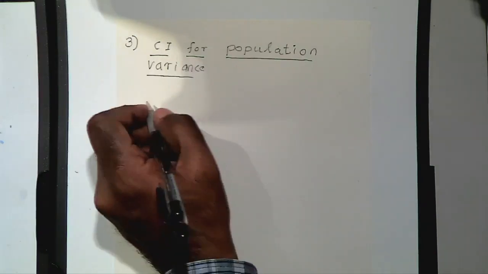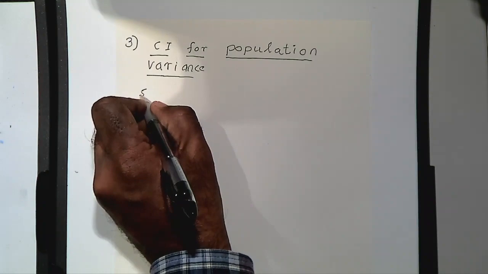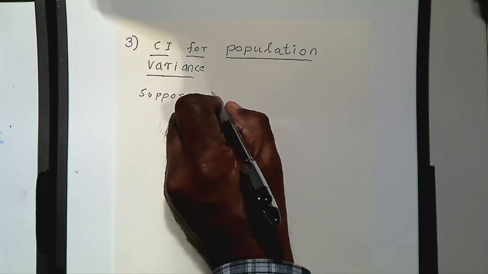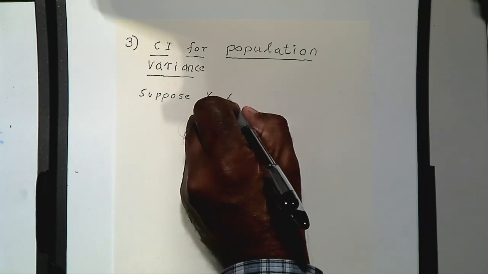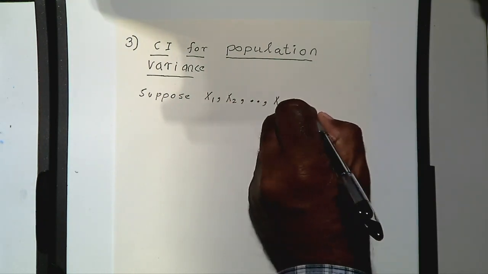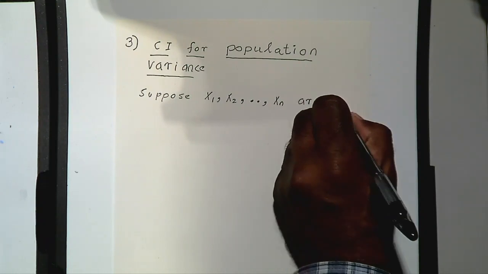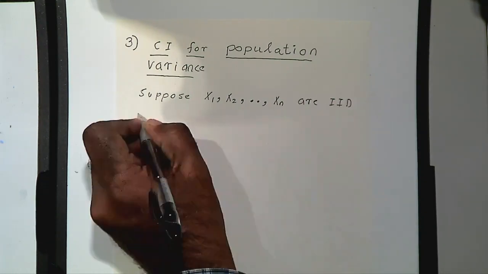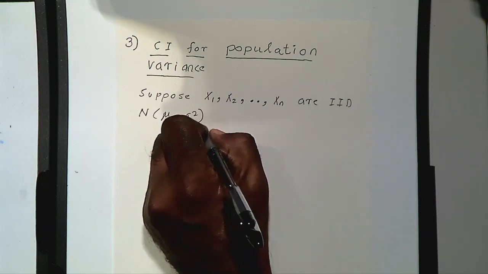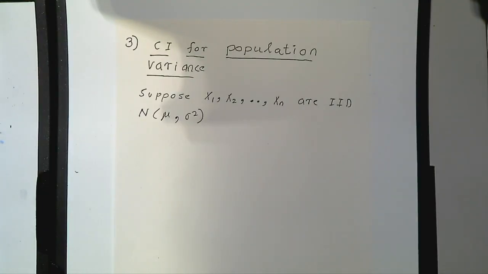Okay, so suppose you have IID data from a normal distribution with parameters mu and sigma squared.